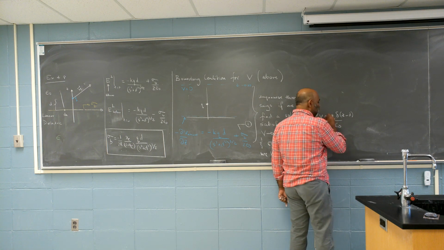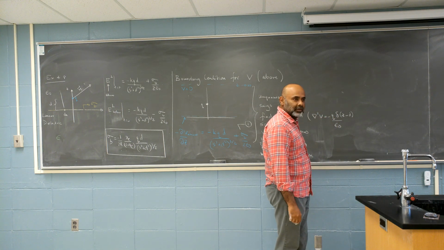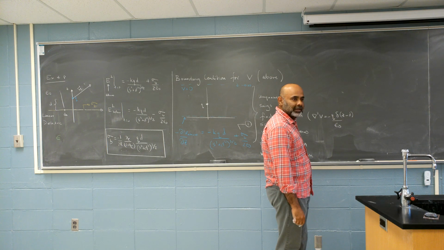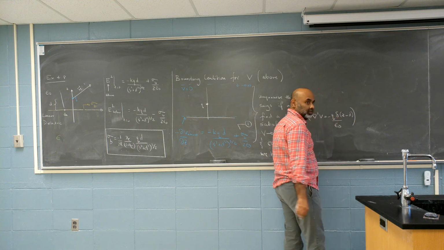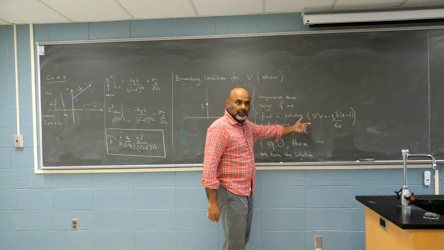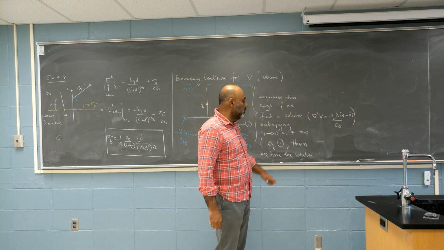Is it minus rho over epsilon naught? Yes, it's minus, because E is the negative gradient. It has to satisfy this, not Laplace's equation, but rather the Poisson equation.